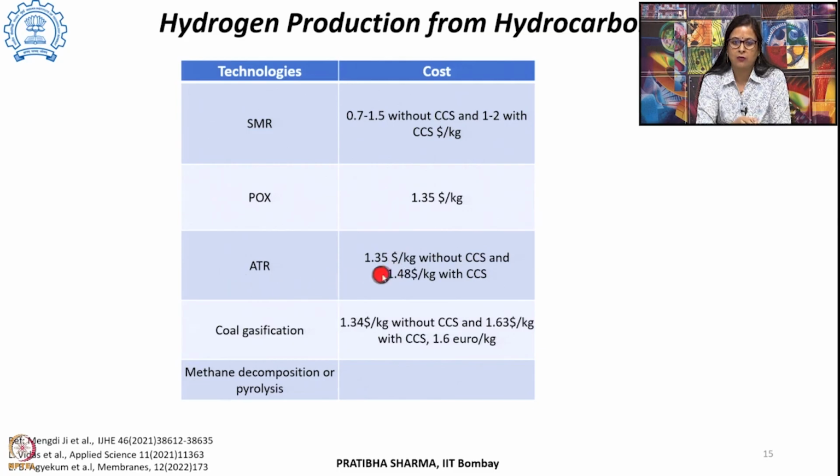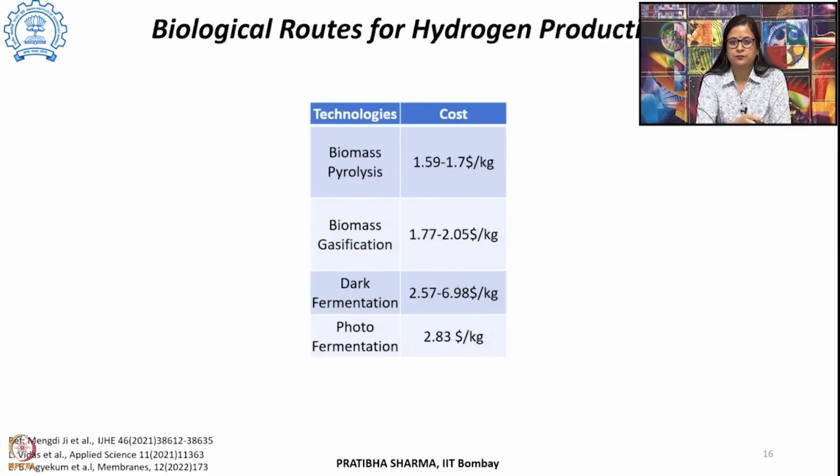Autothermal reforming is 1.3 dollars per kg without CCS, and with CCS 1.48 dollars per kg. Coal gasification is 1.34 dollars per kg without CCS, and that increases to 1.63 dollars per kg with CCS. Methane decomposition has still not been commercialized.